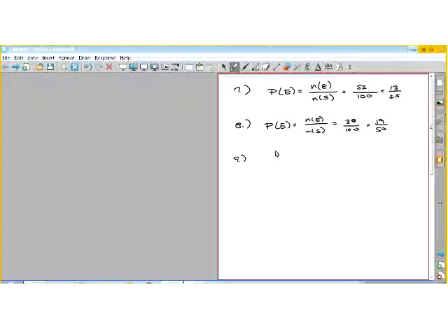The next one is the probability of not being motivated by money. The probability of not being motivated by money is going to be equal to 1 minus the probability of being motivated.